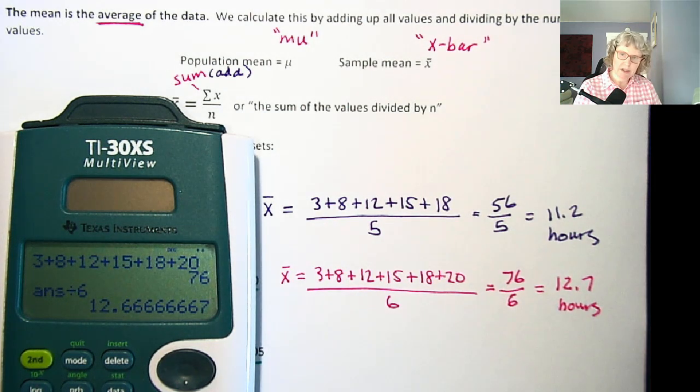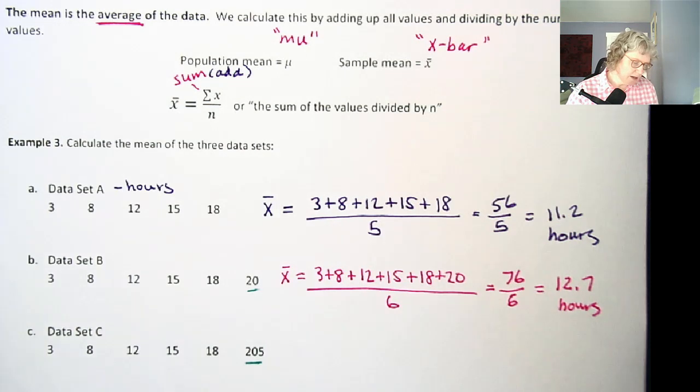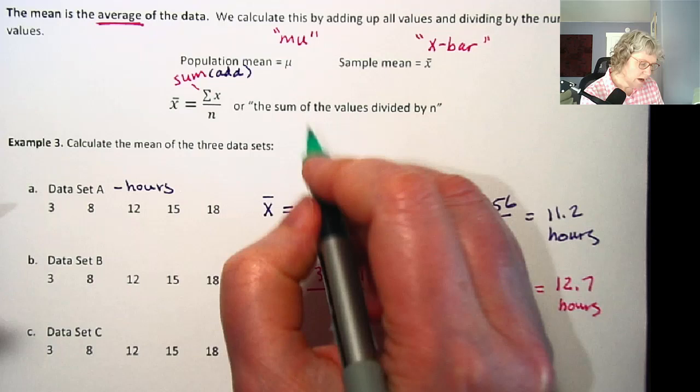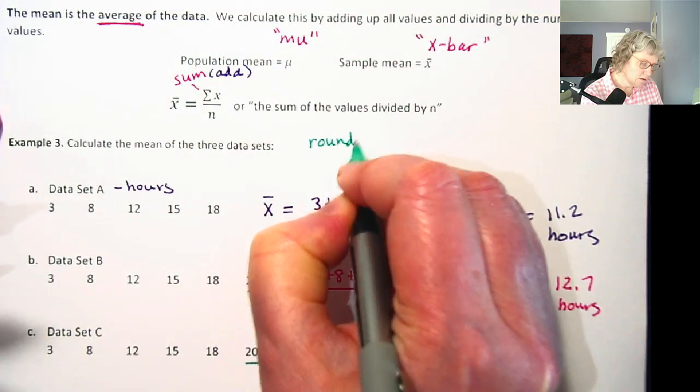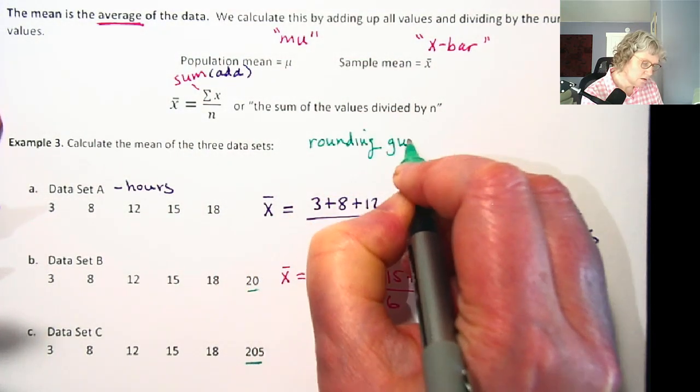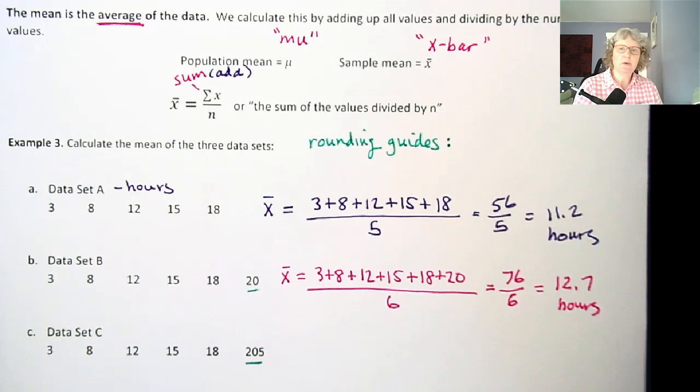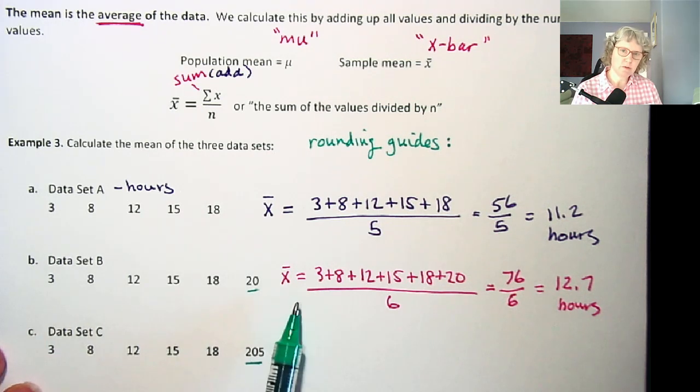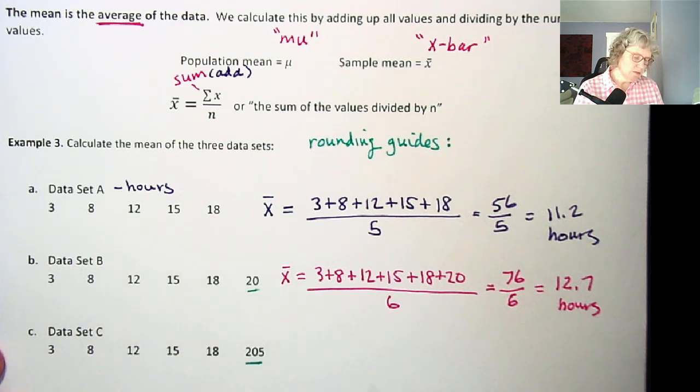Okay, and I'm going to give you a rounding guideline for this as well, for means and standard deviations. So let's write that at the top. Rounding. This is a guide because people see this differently. Statistics is less clear-cut than algebra or other fields of math. Not everyone agrees with each other, but the general rule that I've been told and I believe is that for a mean, we should go out one more decimal place than our actual data, because we want to be a little bit accurate.